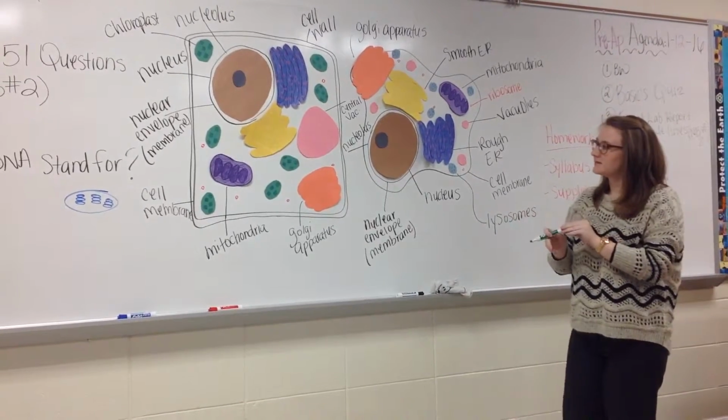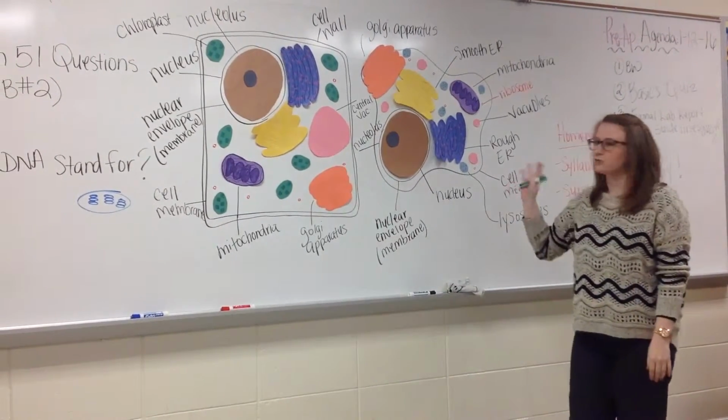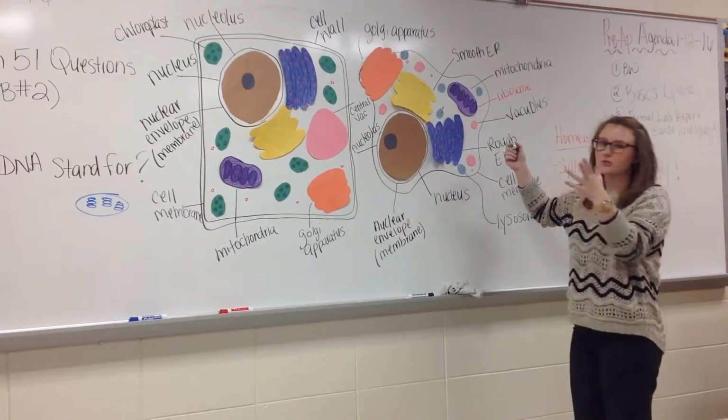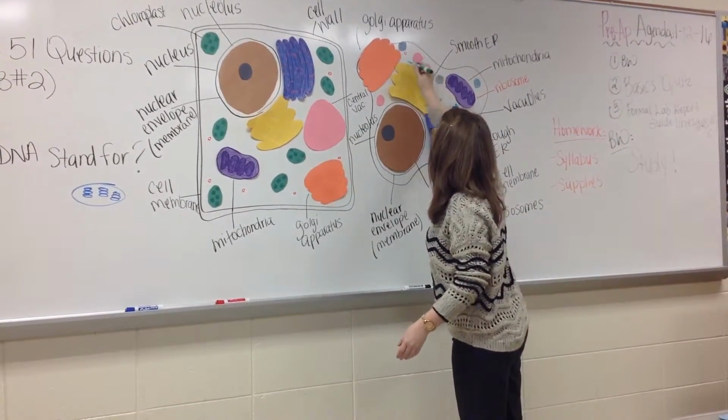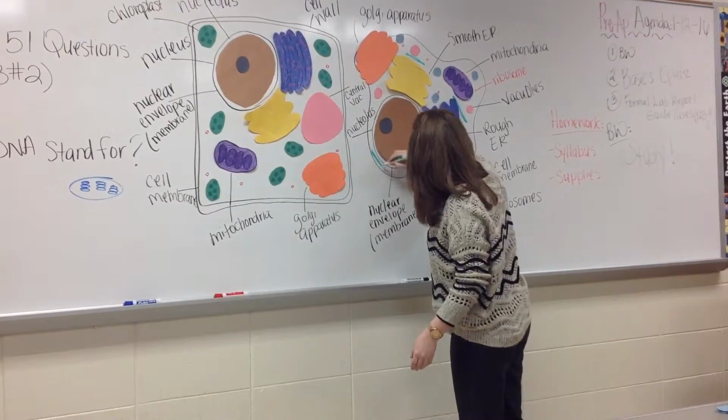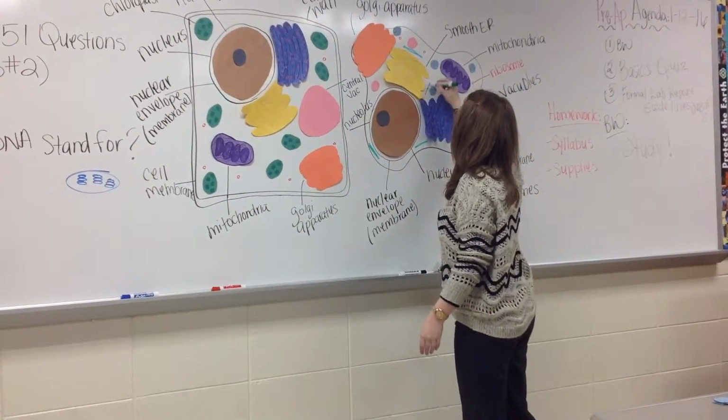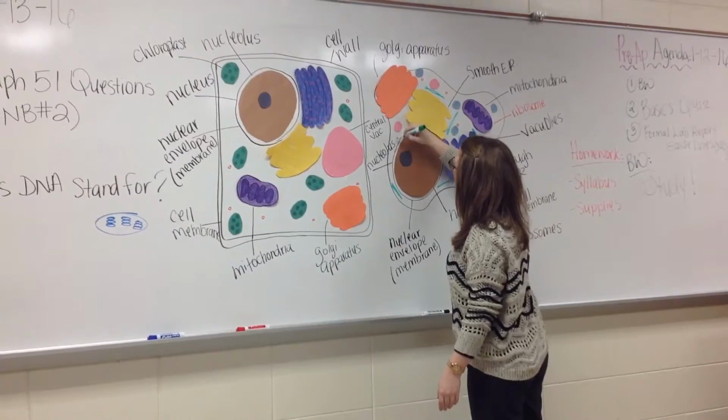Alright, one of the last things we're going to draw on the animal cell, just in random places, kind of draw you some little sticks. Just anywhere that you can put them. Just draw you a few.